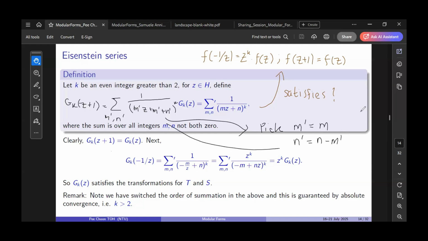If we substitute this back to here, we will get g_k. This is the reason why g_k(z+1) is equal to g_k(z). So this one is satisfied.